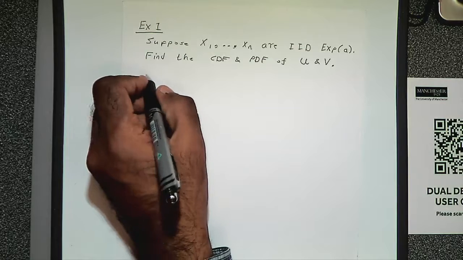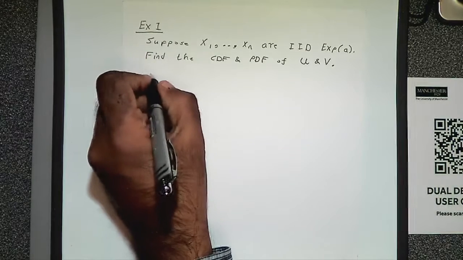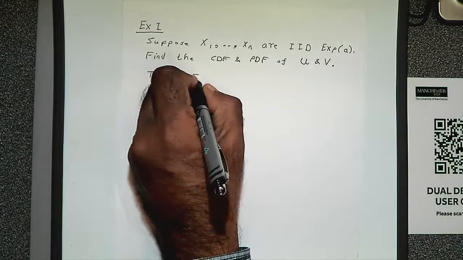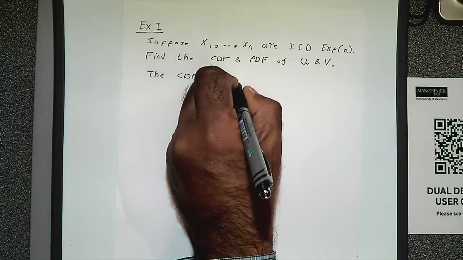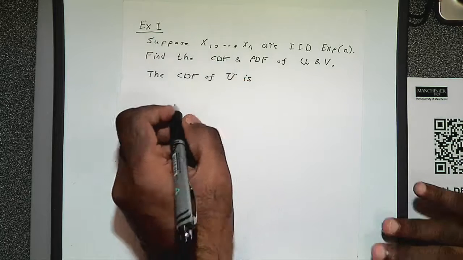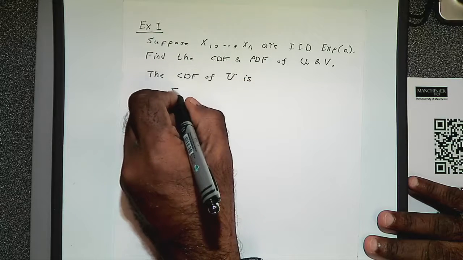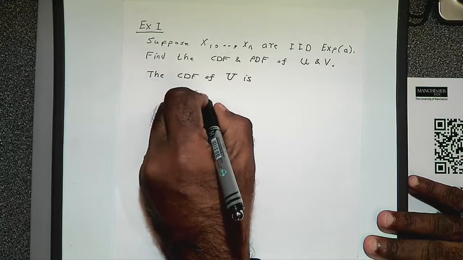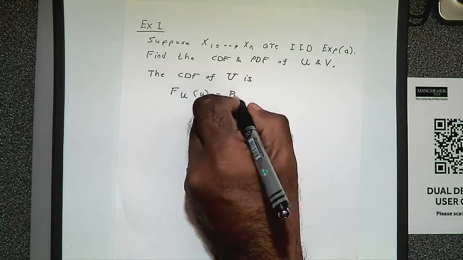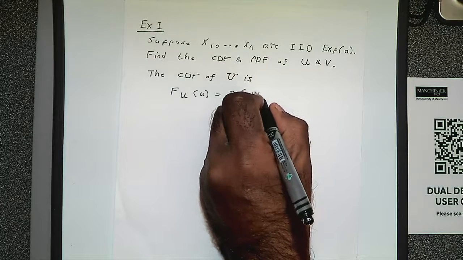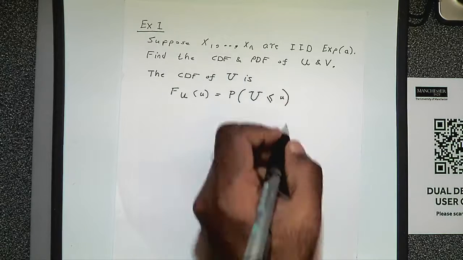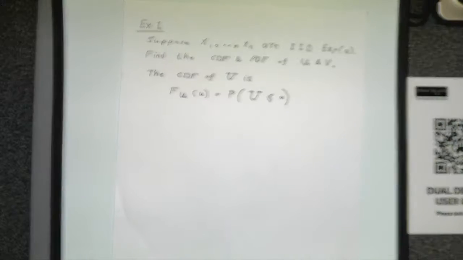All right, so let's start with U first of all. So the CDF of U is, you can write it like this.